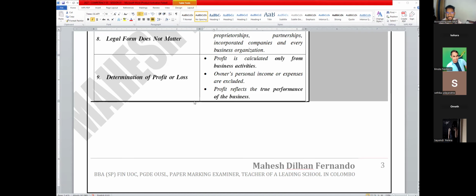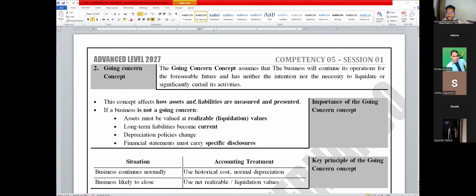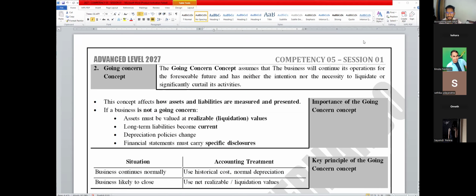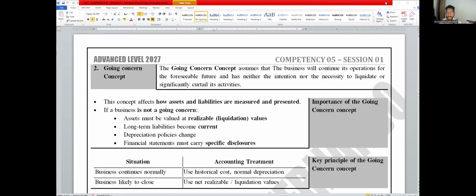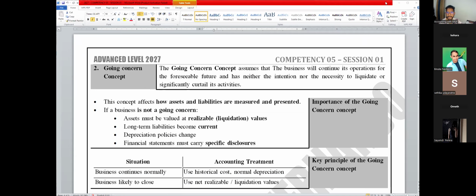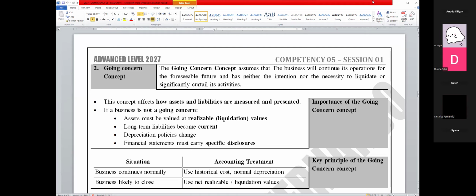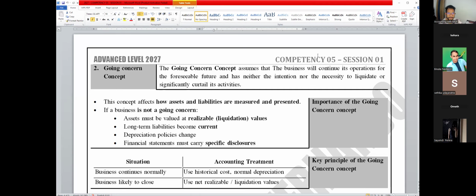We are moving to the next concept. That is the going concern concept. Going concern concept. Here, the going concern concept assumes that the business will continue its operations for the foreseeable future.